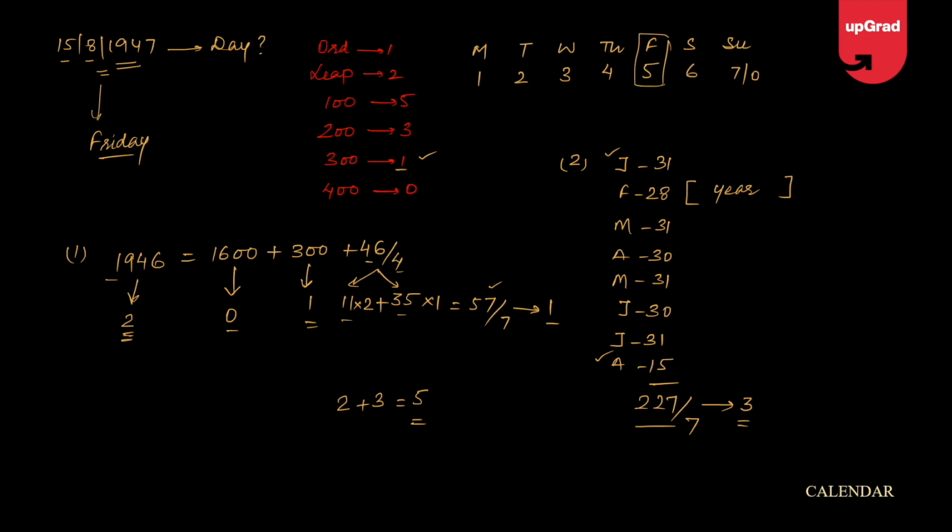So I wrote all the number of days that we have in the respective months. The total was 227, and because 227 cannot be the number of odd days, I divided it by 7. I got 3. 3 from the current year and 2 from the previous years. The total was 5, and 5 according to my standard table is a Friday, which means India got independence on a Friday.